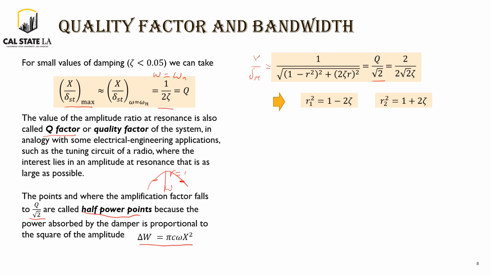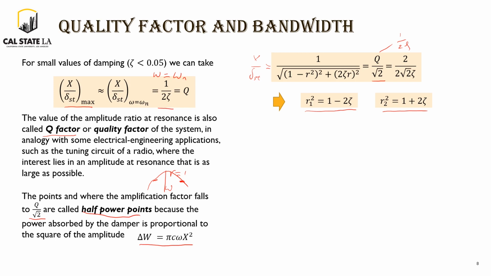We also know Q is equal to 1 over 2 zeta, which gives us 1 over (2 square root of 2 times zeta). We solve this equation, which gives us two solutions. One solution is r1 squared equal to 1 minus 2 zeta, and the second one is r2 squared equal to 1 plus 2 zeta.